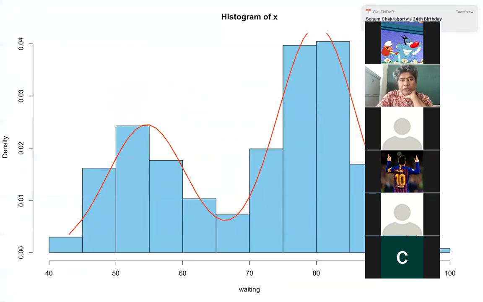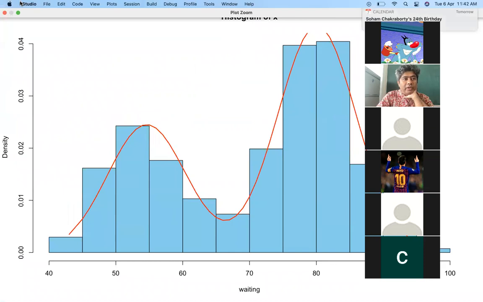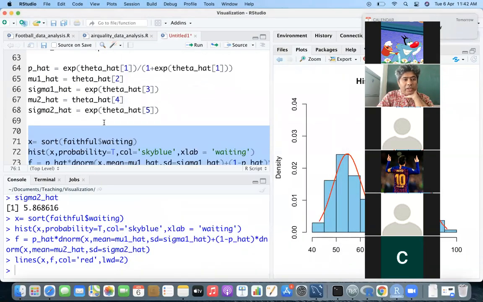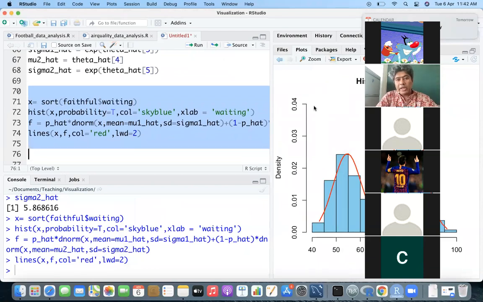Okay, so it has cut a bit. What I can do is increase the limit, y-lim. It is between 0 and 0.04, so I can make it up to 0.05. How will I do that?